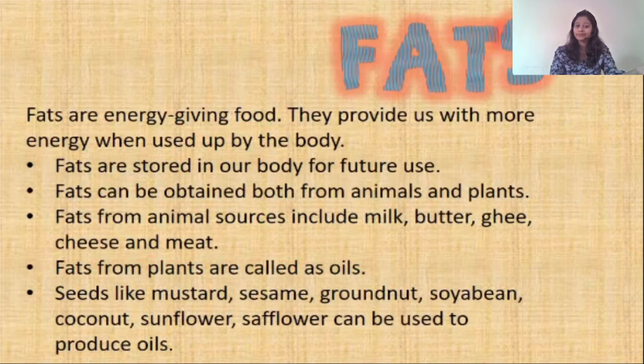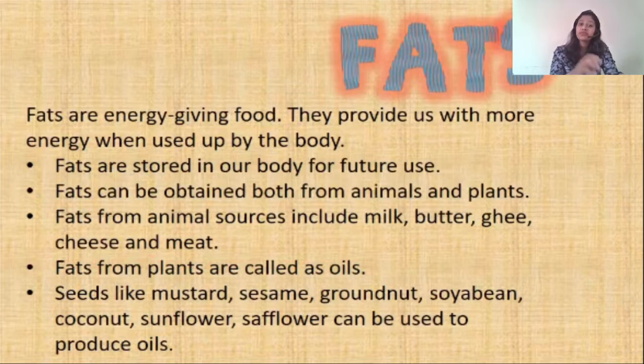Fats from animal sources include milk, butter, cheese, and many more, like meat. So many dishes, so many dairy products contain plenty of fats. Then the fourth point, fats from plants are called oil.